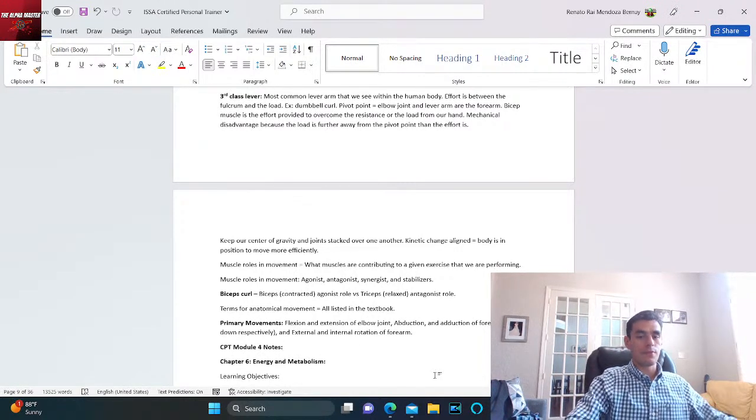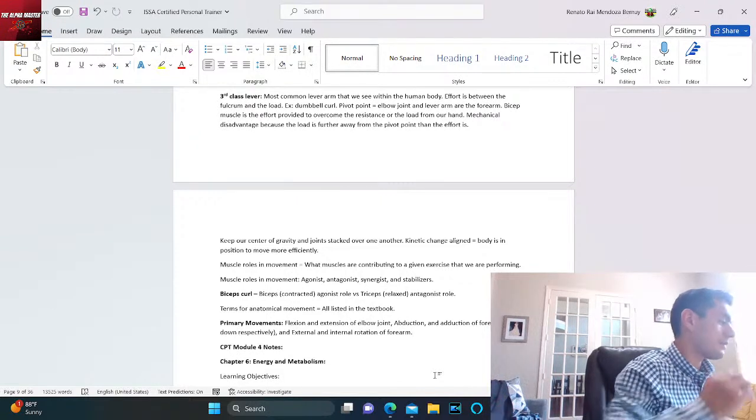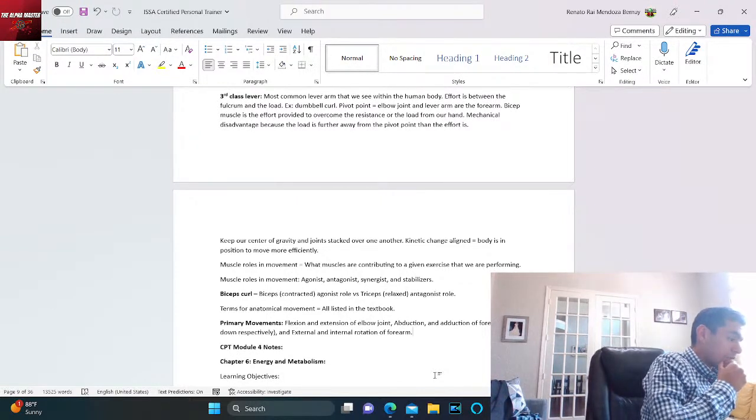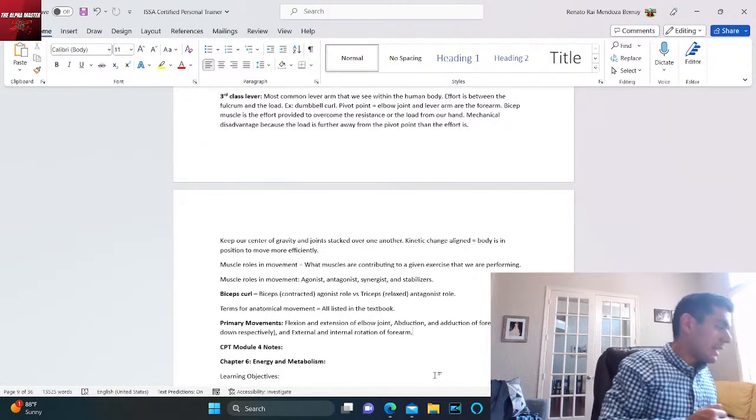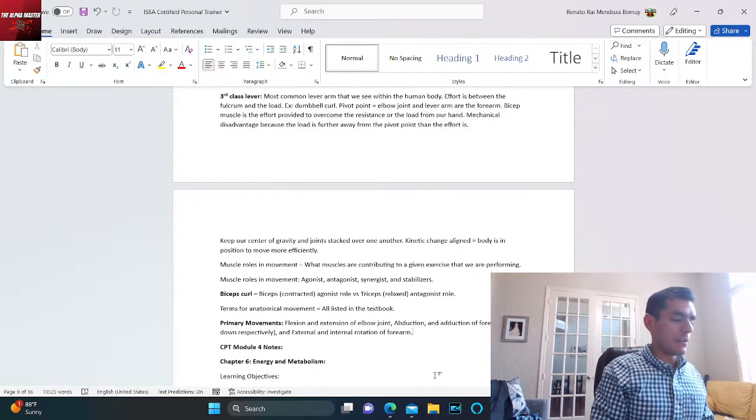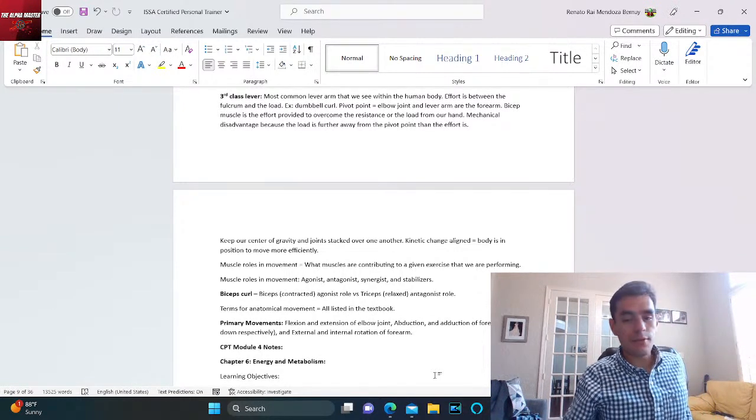All of these are the terms for anatomical movement. And finally, you have muscle parts in different body regions.